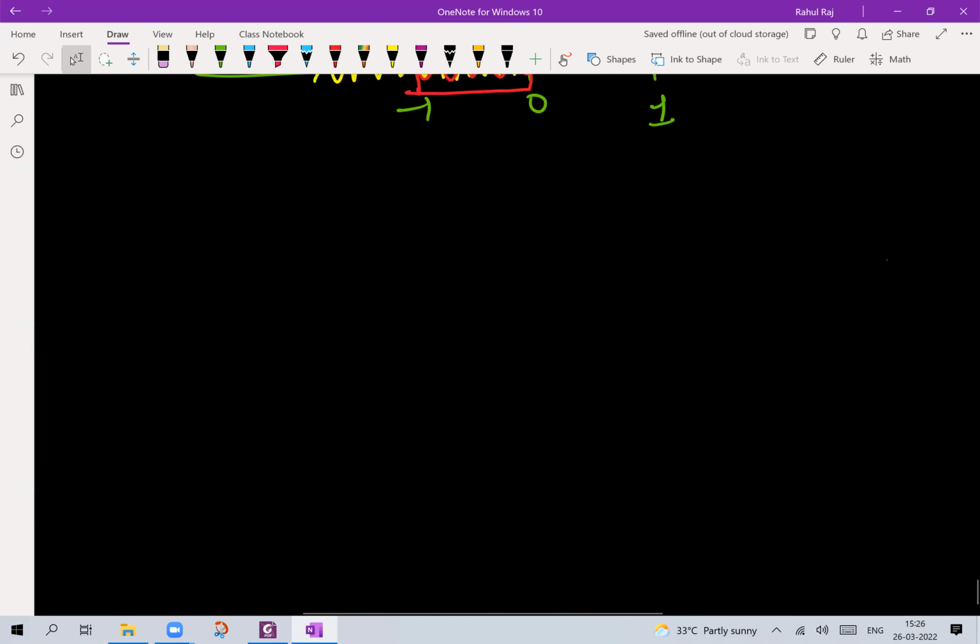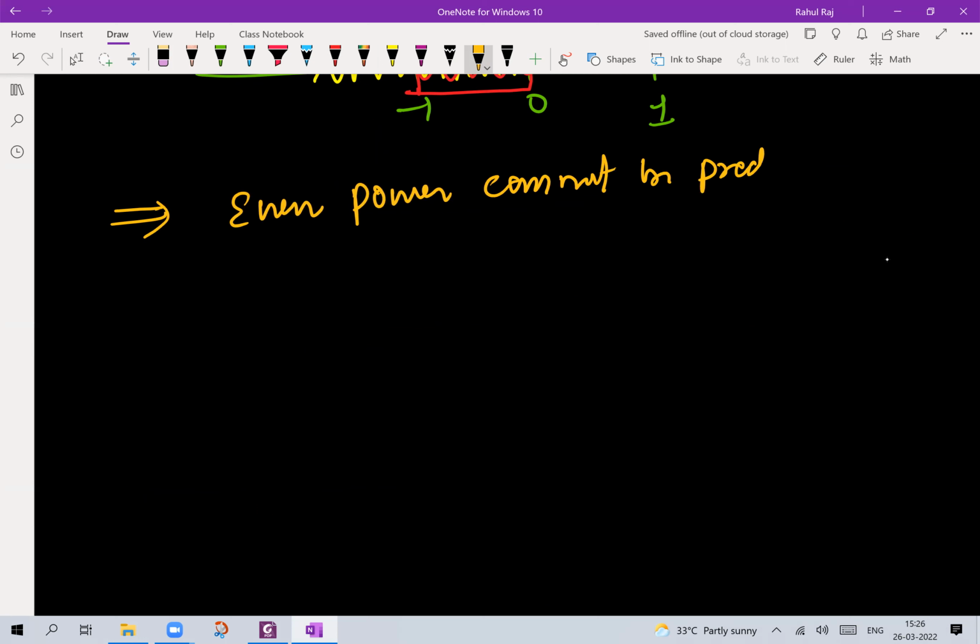Yes, Rahul. So now the second concept, the main one is, see, even powers cannot be predicted. So what do we mean by saying even powers cannot be predicted? It means that, imagine if x is greater than y, can I say x square will be greater than y square?